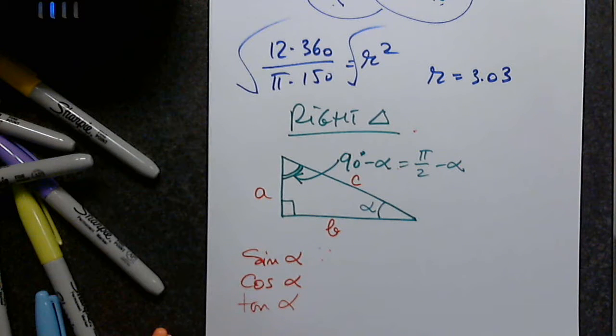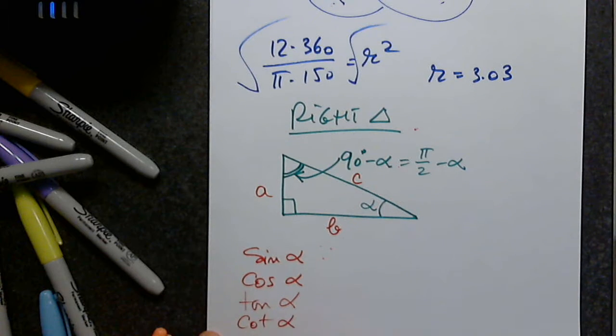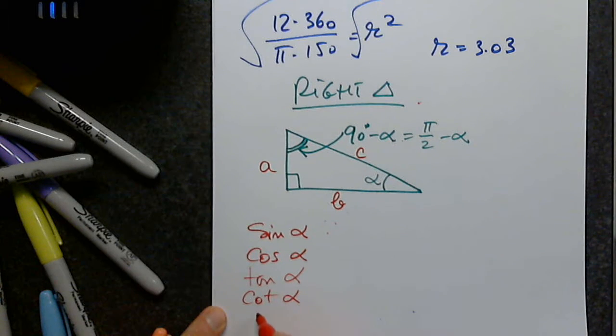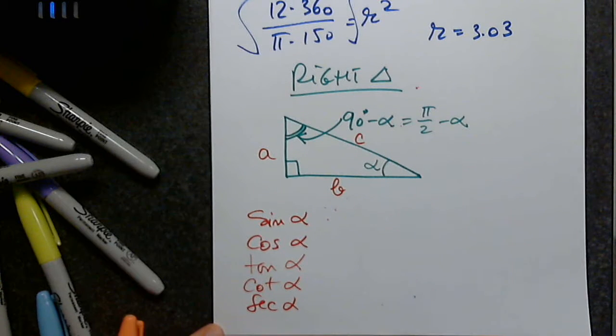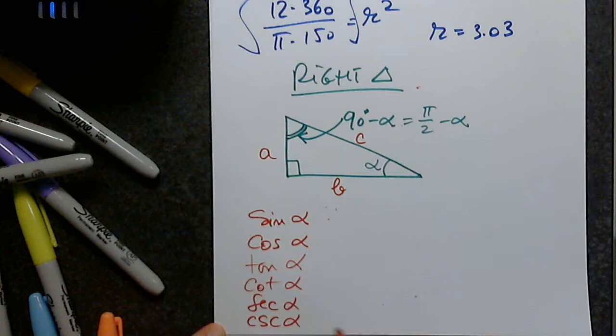This is the function called tangent. Okay? Cotangent. Secant. This is not a line that crosses a graph in 2 points. It happens that we use the same word. But this is the function called secant. And cosecant, CSC.